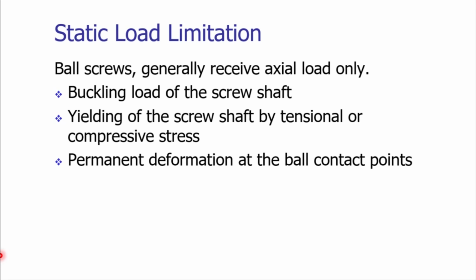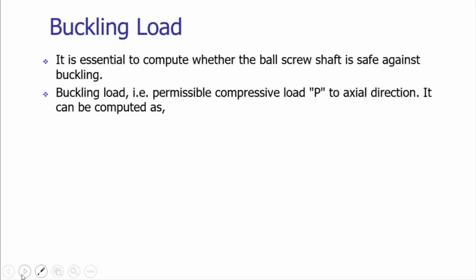So yielding due to tension or compression, buckling of the screw shaft, and permanent deformation of the ball contact points. These three aspects need to be considered during the design of the ball screw shaft.